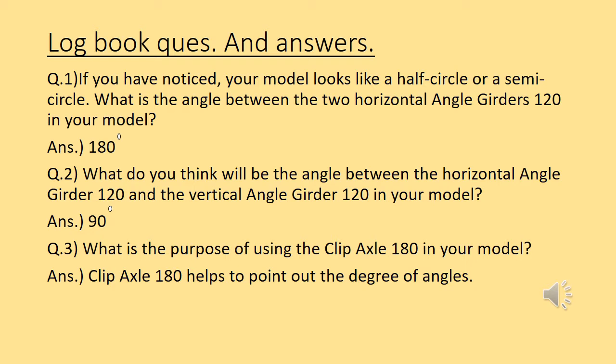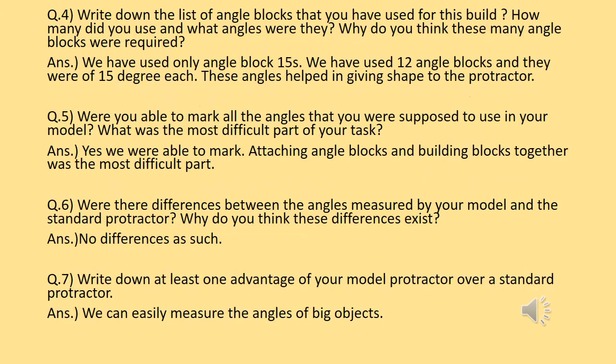Question 2 is, what do you think will be the angle between the horizontal angle girder 120 and the vertical angle girder 120 in your model? Answer is 90 degree. Question 3 is, what is the purpose of using the clip axial 180 in your model? Answer is, clip axial 180 helps to point out the degrees of angles.